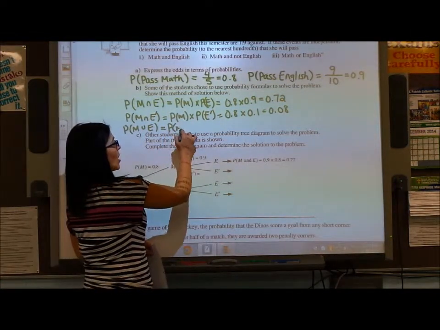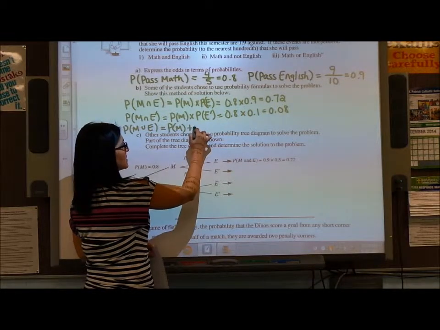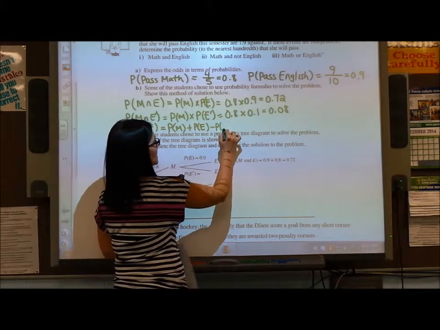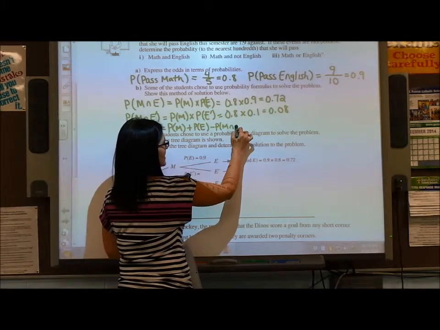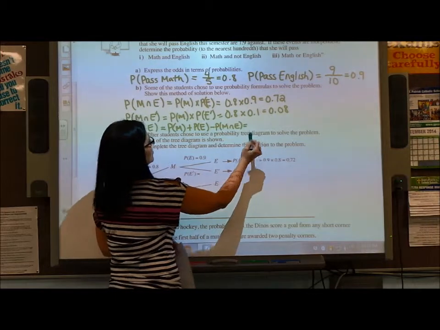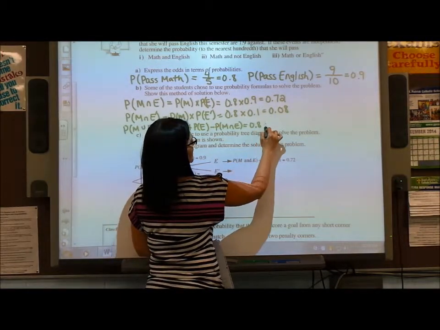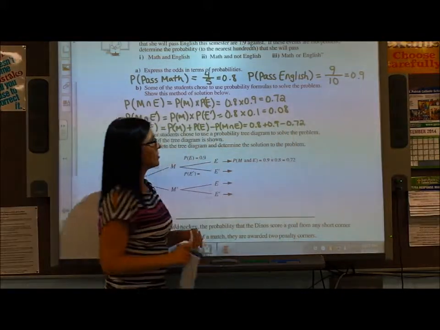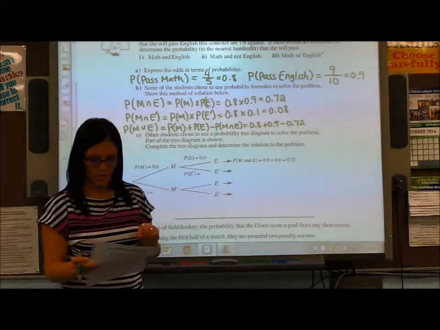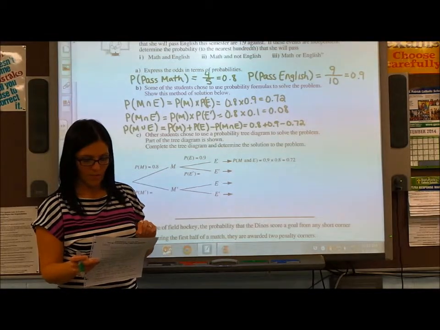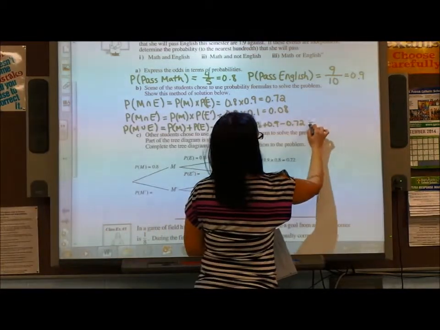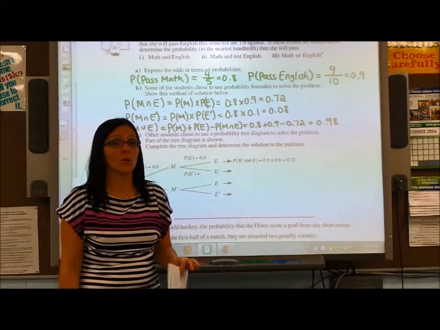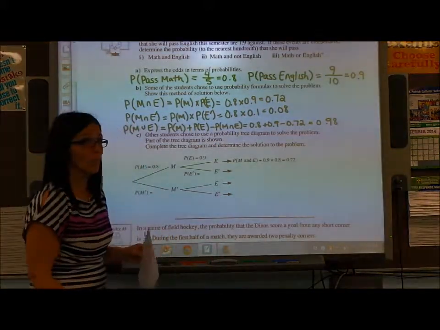So this becomes the probability of math plus the probability of English minus the probability of math and English. So this becomes 0.8 plus 0.9 minus the 0.72 that we got in the first one. And that will end up giving me 0.98. So she has a 98% chance that she's going to pass one of the two subjects, or both.